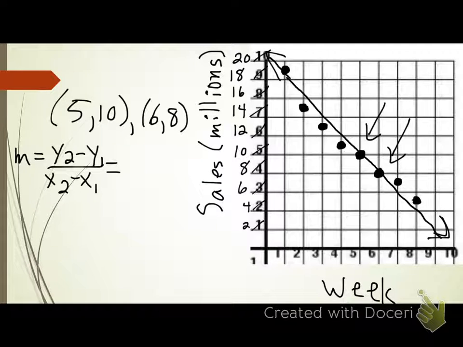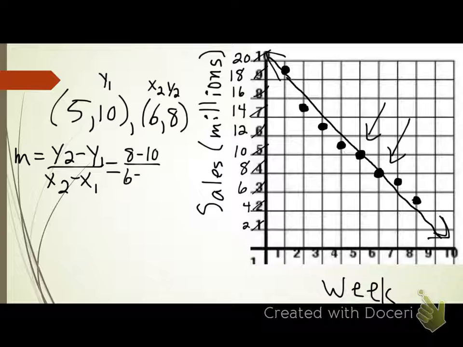So what's my y2 value? My second y value? 8. Minus, what's my first y value? 10. Over, what's my second x value? 6.